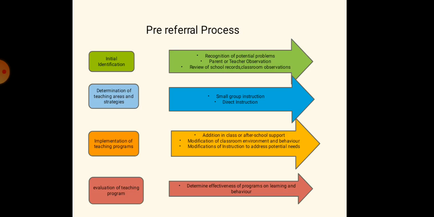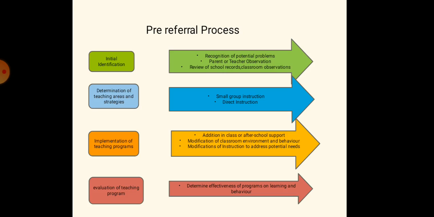During the final stage, evaluation of teaching programs, the pre-referral team reconvenes to review the collected data to determine whether the student has made progress. At this time, the team decides whether the teacher needs to continue the intervention.